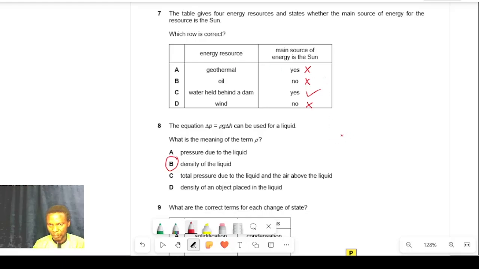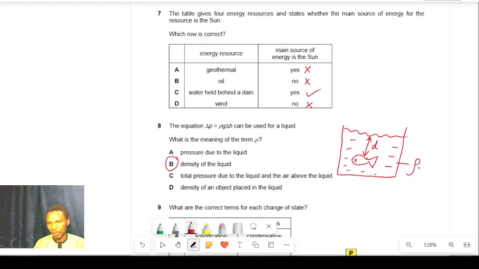So if you want to put this in pictorial form, if you have a swimming pool and you have a fish under the water, and the water level is from here, then we can measure the depth, which is D. And once we know the density of the water in the pool, we can calculate the pressure that the fish will experience at that point.